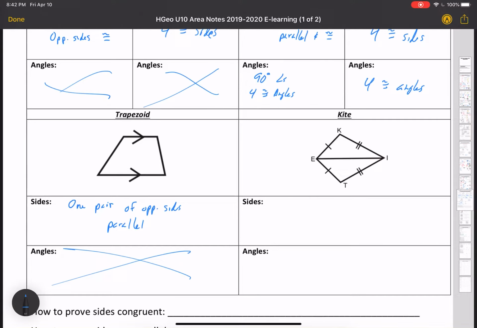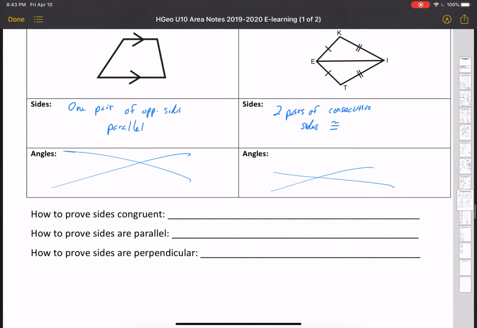Okay, and then with a kite, we have two pairs of consecutive sides, which are going to be congruent, and then nothing with the angles. So a lot of what we can tell in the coordinate plane has to deal with the sides, but there is a way that we can determine whether or not we have 90-degree angles.